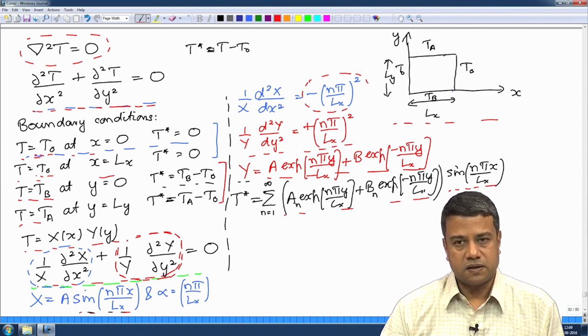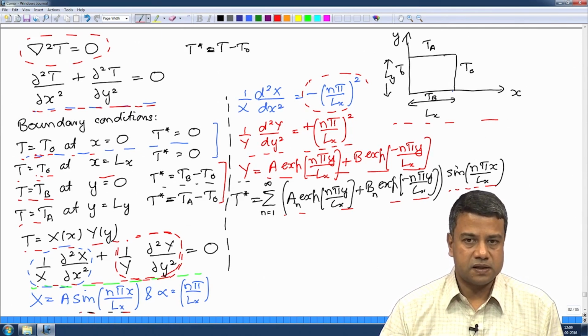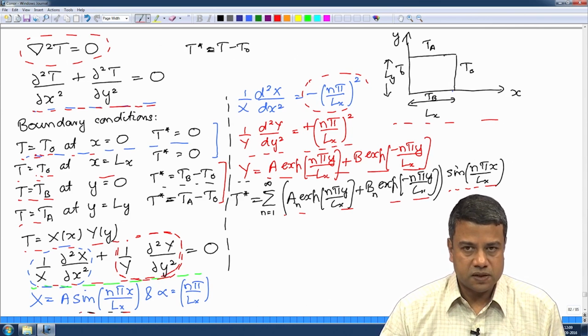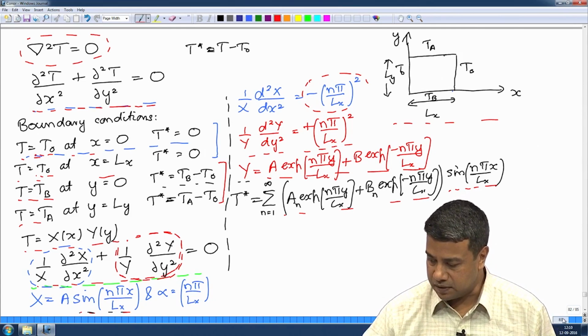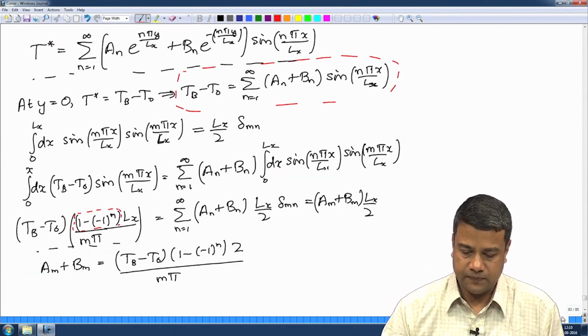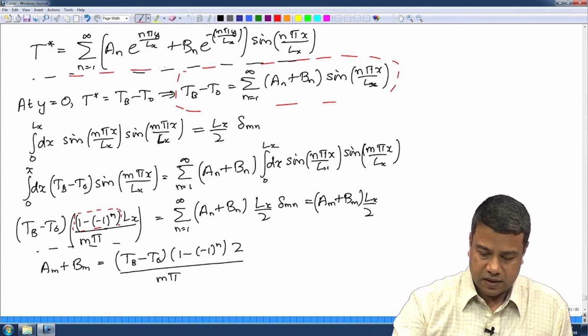So, the most general solution is one where I sum the solutions for each value of n, multiplied by constants. These constants are determined from the orthogonality relations. Okay, so this is the general solution that I have.